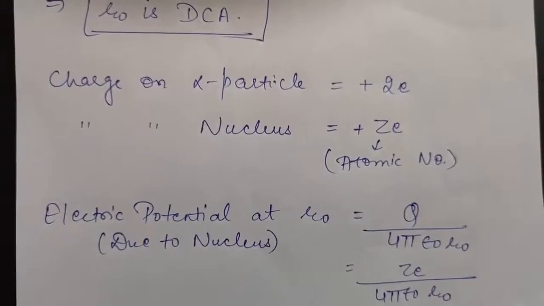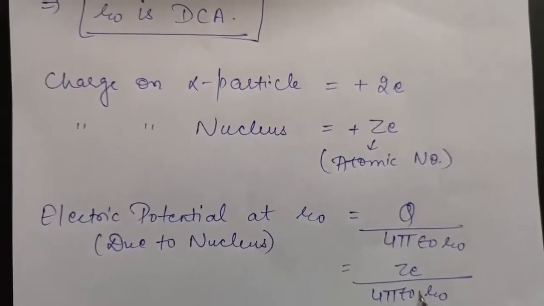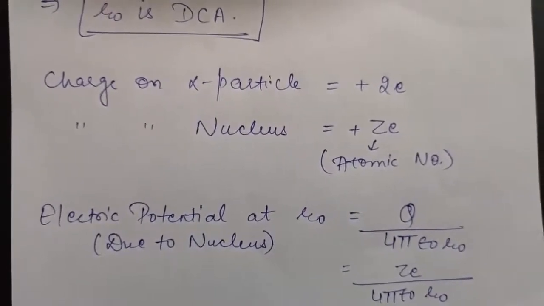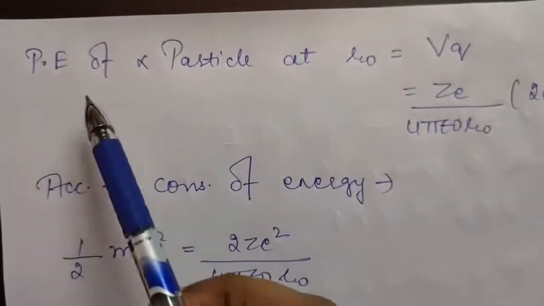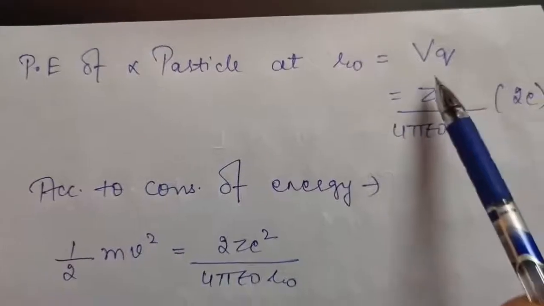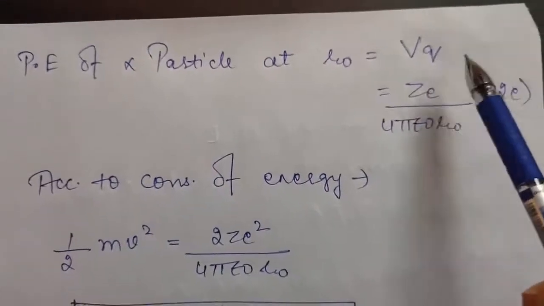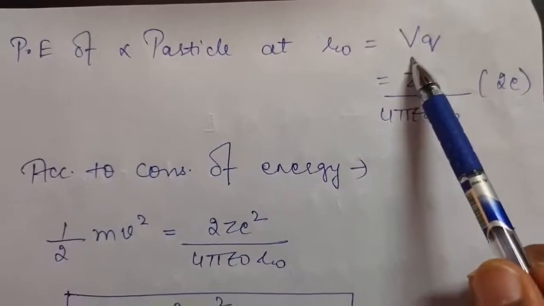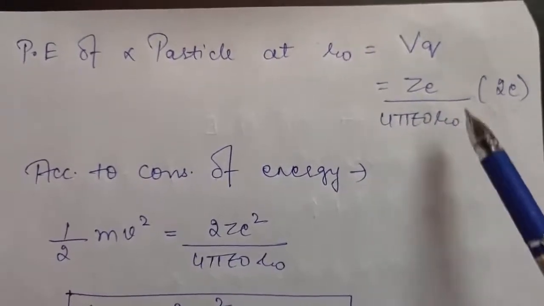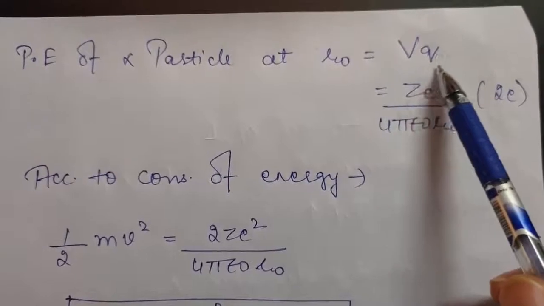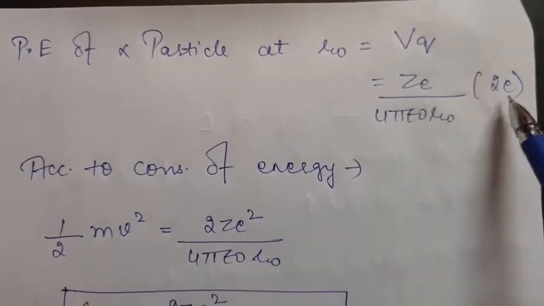Now when the alpha particle approaches, the potential energy of the alpha particle can be given by VQ. We have just calculated V, that is Ze upon 4 pi epsilon naught r0, and now we take the charge of the alpha particle, that is plus 2e.